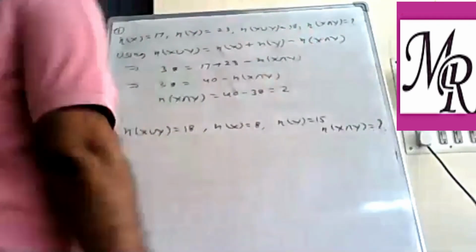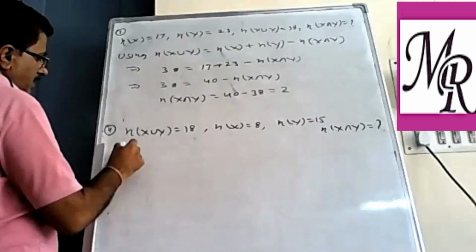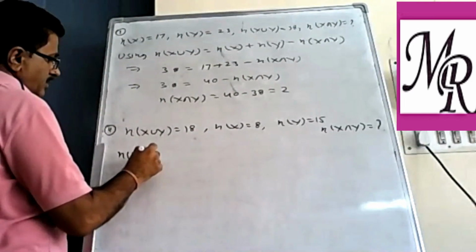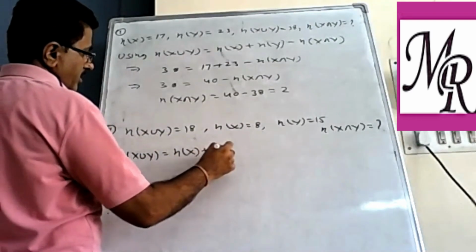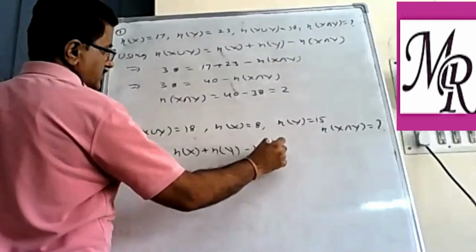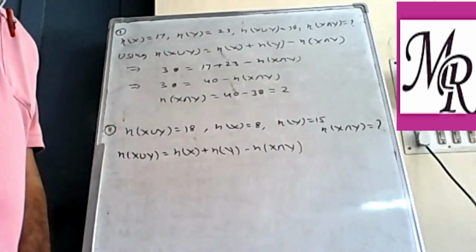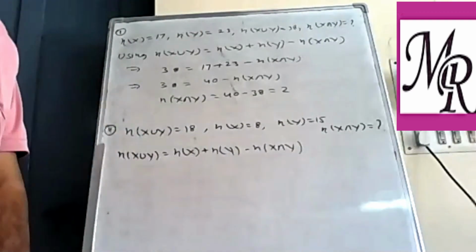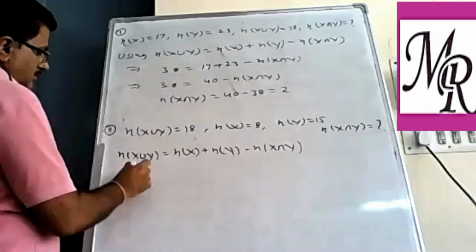ये पहले की तरह ये बेटा. So number of elements in X union Y equal to number of elements in X plus number of elements in Y minus number of elements in X intersection Y. Are you writing or not? Yes, sir. Good.